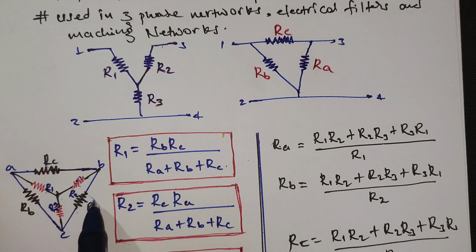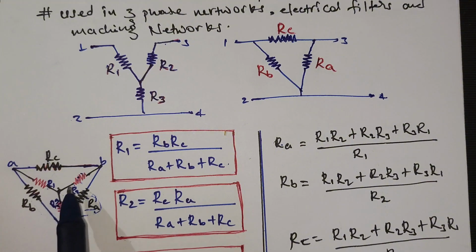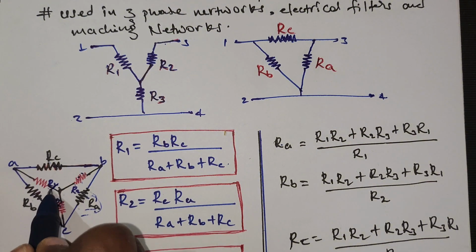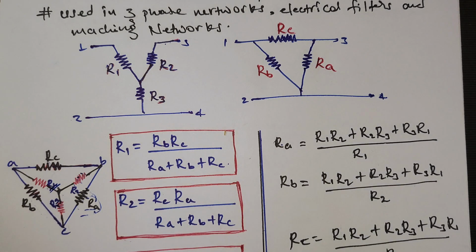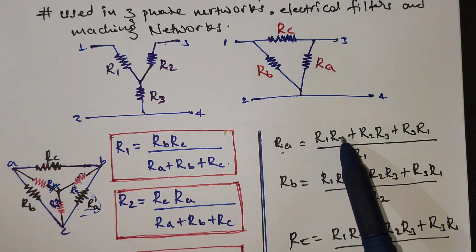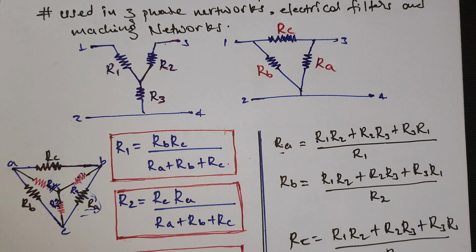For example, in order to calculate this one, we take the sum of the product of each two resistors divided by this one, because this one is the resistor on the opposite part. RA is R1 times R2 plus R2 times R3 plus R3 times R1, divided by R1, the opposite.